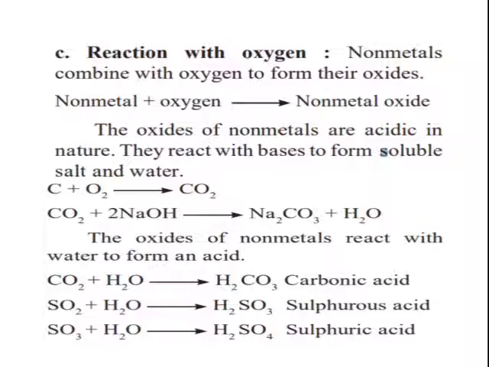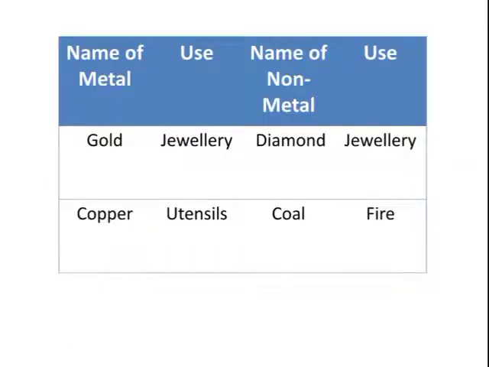SO2 sulfur dioxide plus H2O gives out H2SO3, that is sulfurous acid. SO3 plus H2O gives out H2SO4, that is sulfuric acid. So these are the acids formed by the nonmetals. Nonmetals do not react with dilute acid.